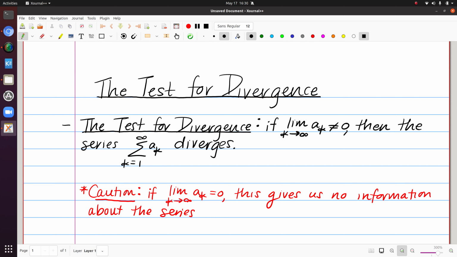This is a very useful test, but it's also very commonly misused. And we want to really emphasize that. In class, I'm going to focus on where this statement comes from. Why is this true? And also some of the other consequences that we can look at with that. But at this point, just being able to think, when can I use it and when can I not use it is going to be most useful.